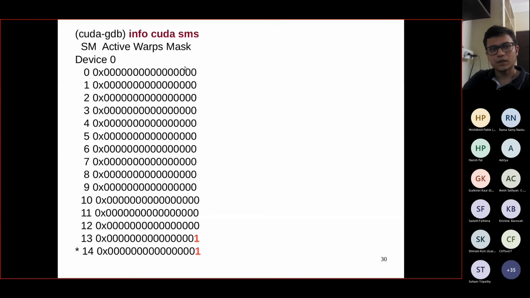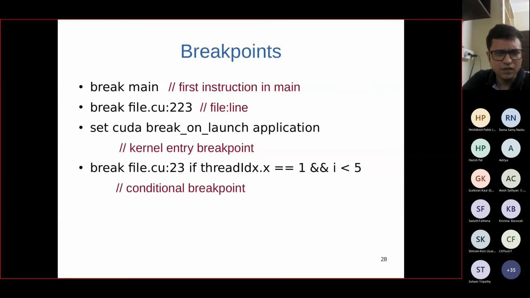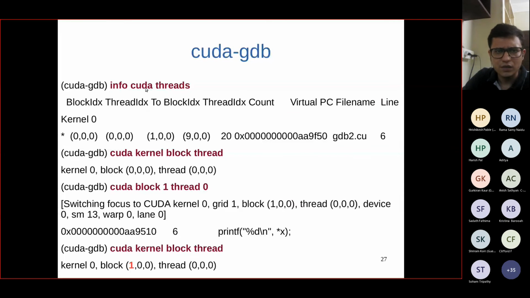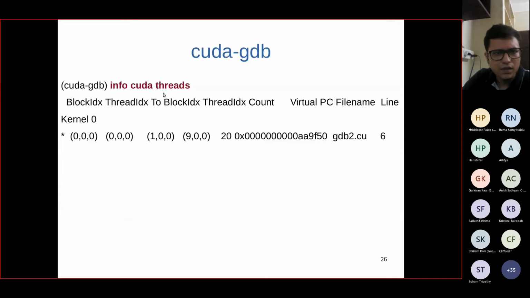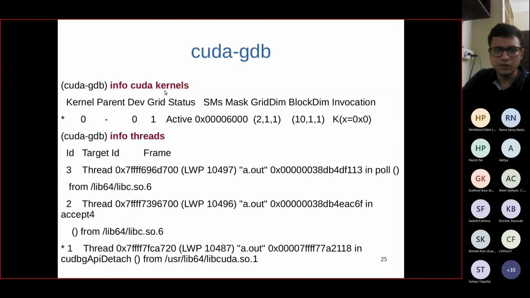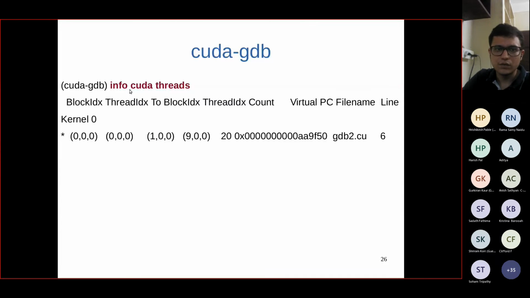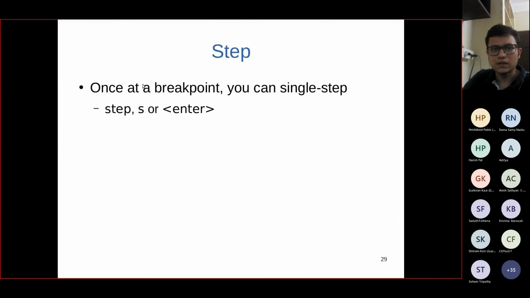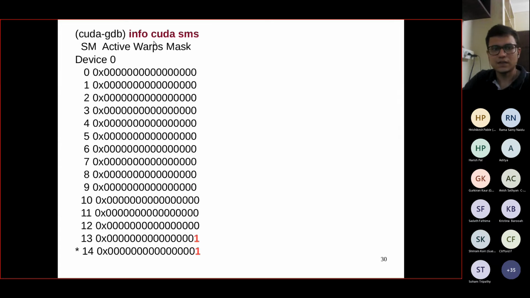Okay, so apart from that, we have seen info threads and info CUDA threads, info kernels, info CUDA kernels, and then there is this info CUDA SMs.